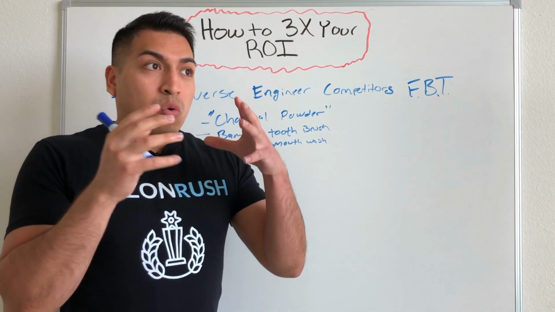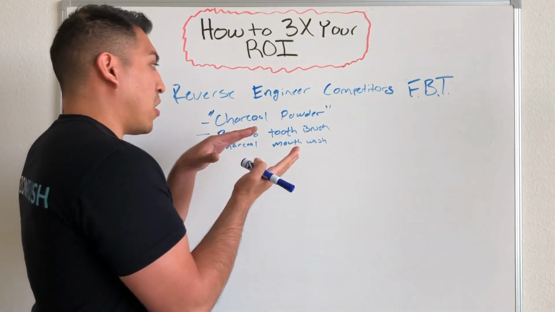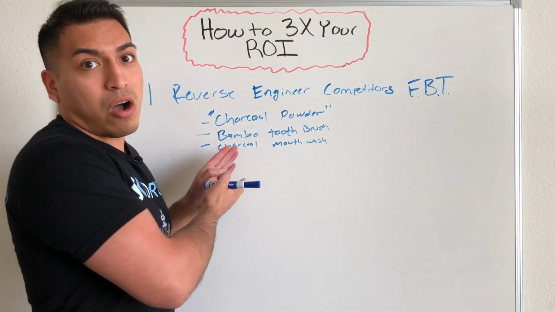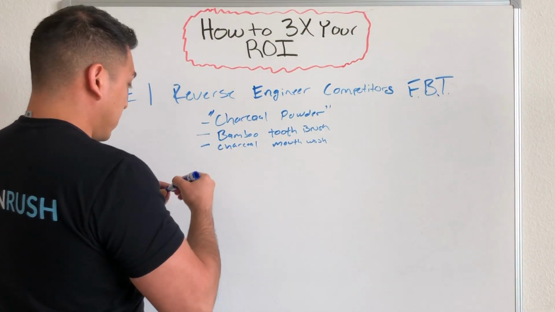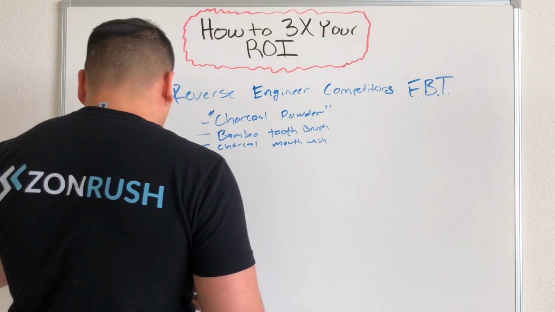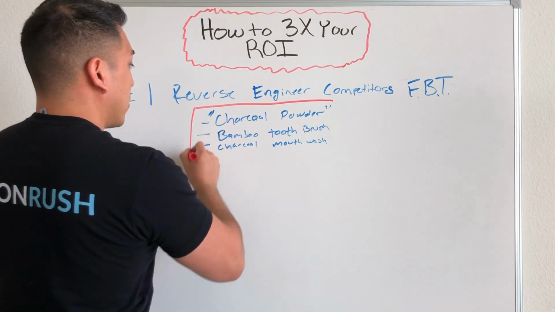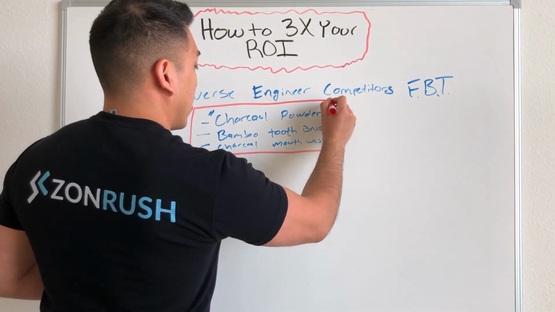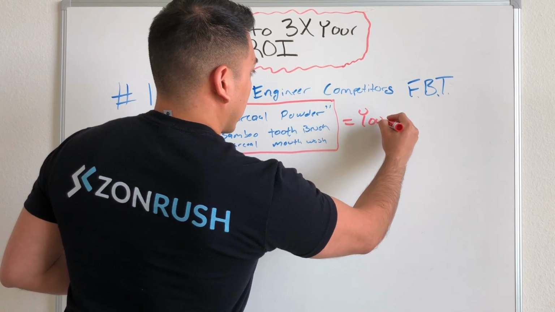So where this gets really powerful for you is if you just simply follow what people are already buying on the Amazon marketplace. Why don't you package this up and sell a premium product, a premium bundle, equals your product.